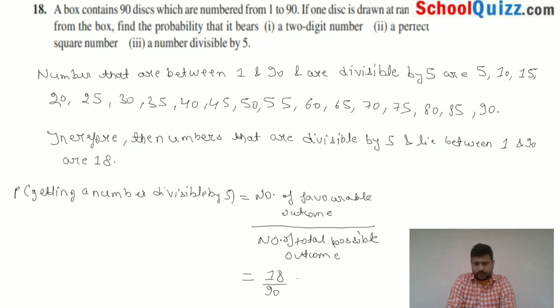So it can also be written as 1 by 5. So 1 by 5 is the probability of getting numbers which are divisible by 5.